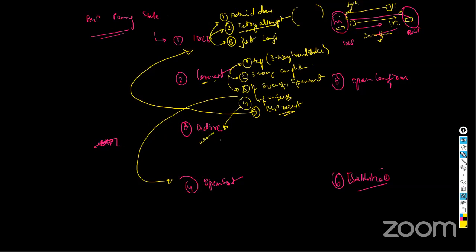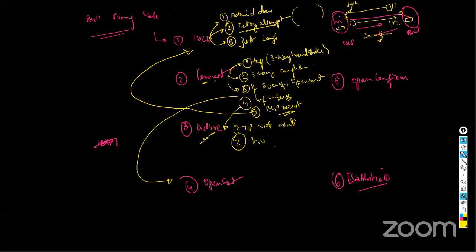Let's say it goes to active when the connect was unsuccessful. Active state is a scenario when the TCP is not getting connected. TCP is not getting established, or BGP is still trying to have the three-way handshake, but it's not coming up.